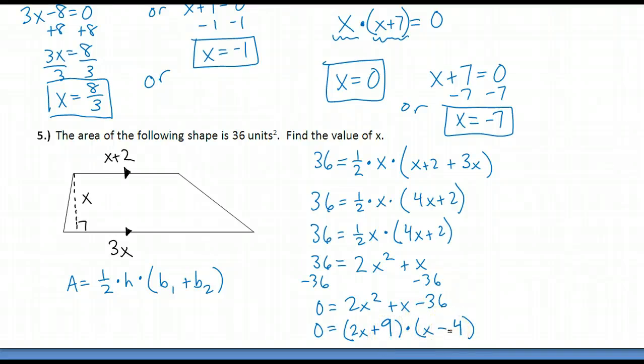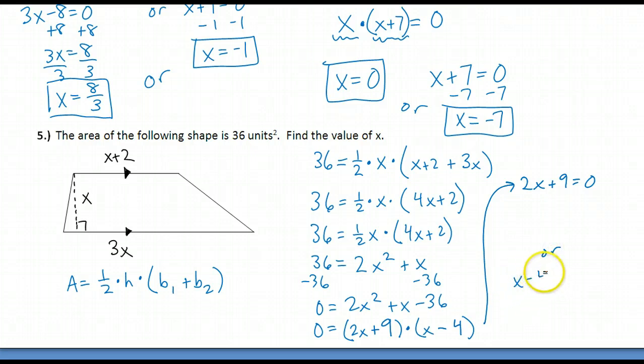So now I have two choices. Either 2x plus 9 has to equal 0, or x minus 4 has to equal 0. And I need to solve for x in both cases.